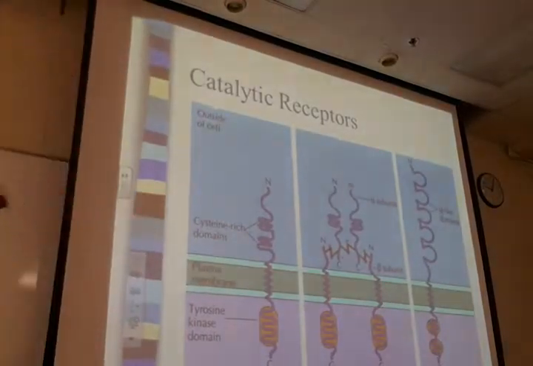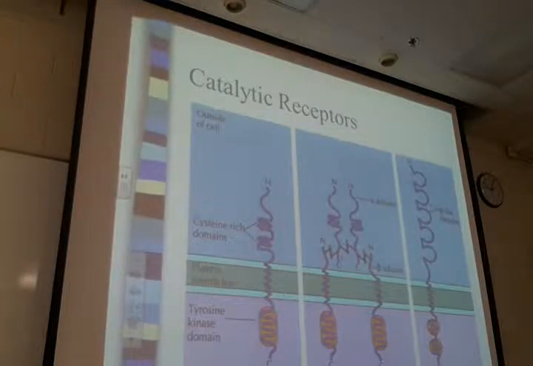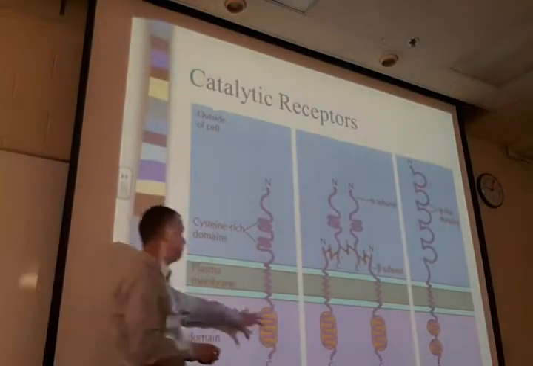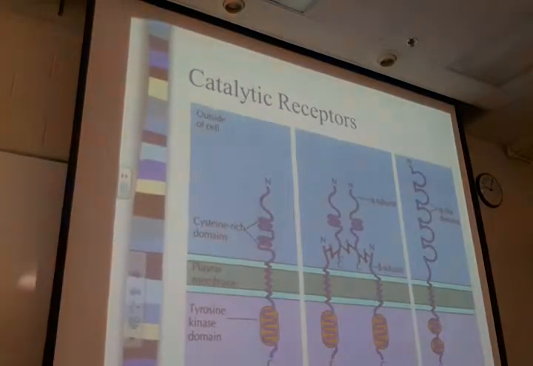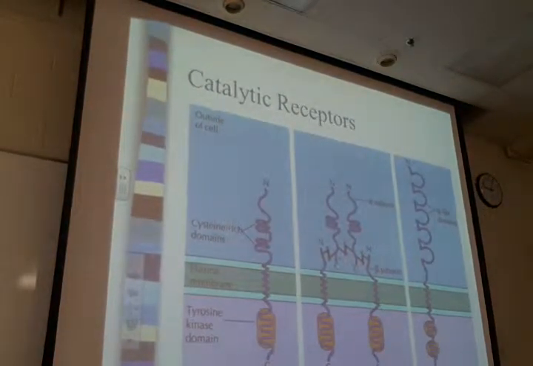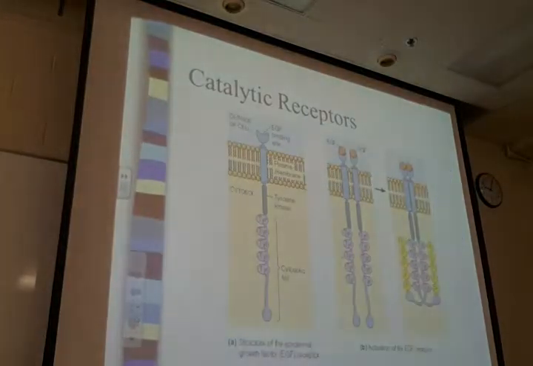The catalytic receptors, we weren't going into too much detail here. What I need you to take away from this is that they have an enzymatic activity, typically a kinase activity, a phosphorylation activity, and they typically have to dimerize in order to work.